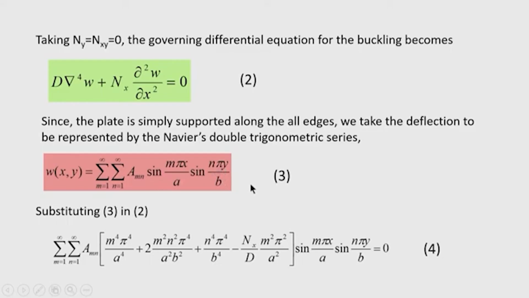Then we can write the bending moment function as M x equal to minus D into del square w by del x square plus mu into del square w by del y square, where mu is the Poisson ratio. If we substitute the second derivative of the function, again you will find that sin m pi x by a into sin n pi y by b, these two terms appear.